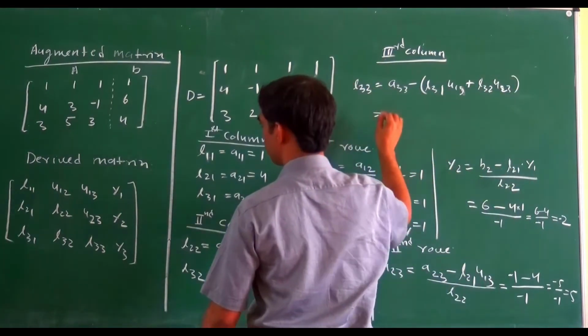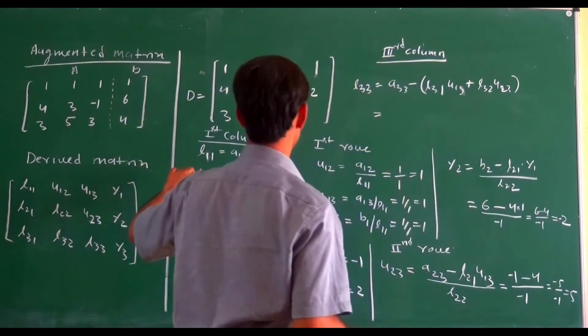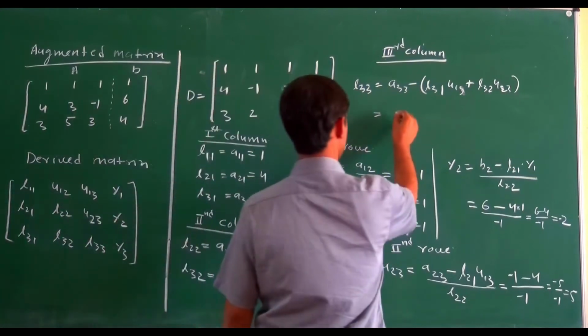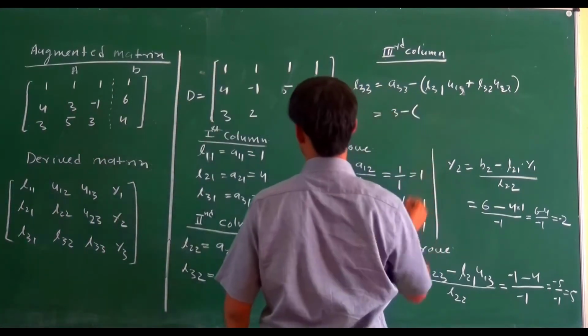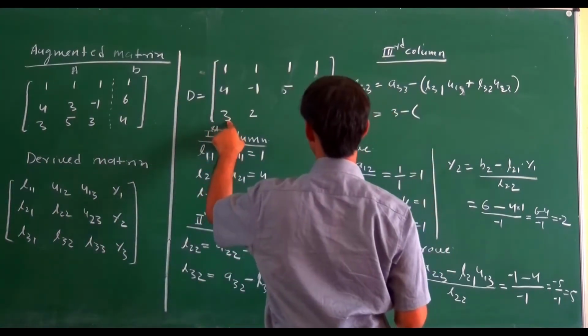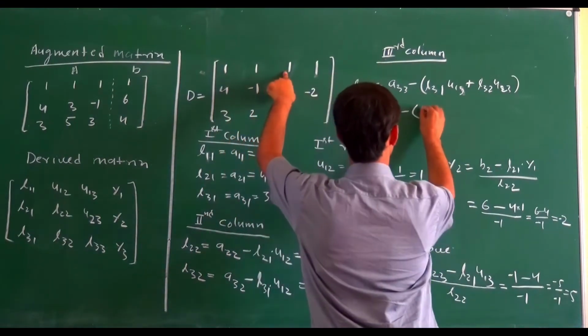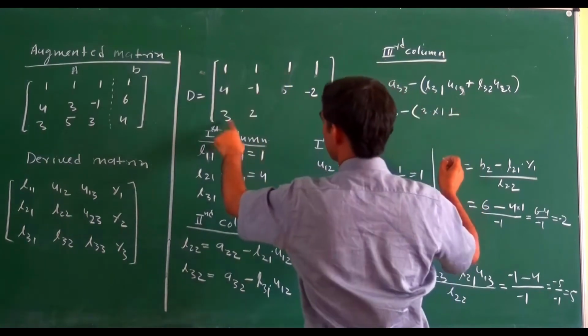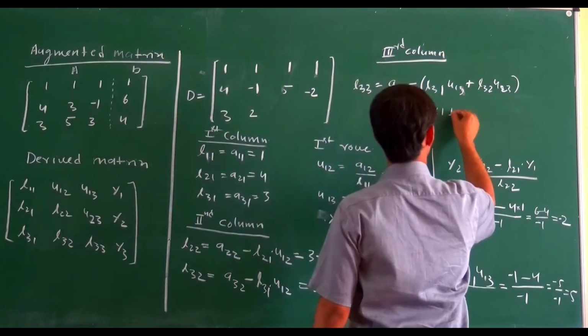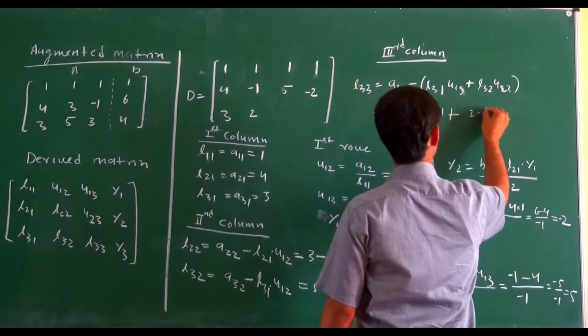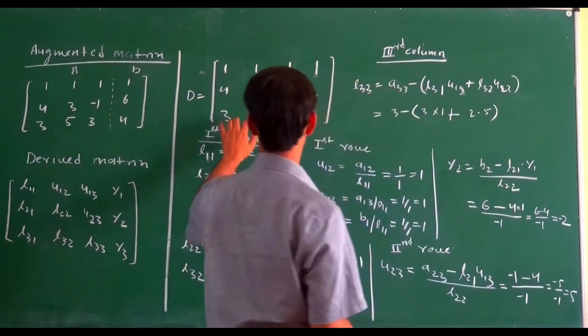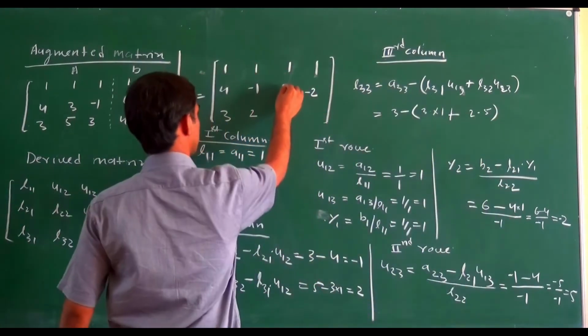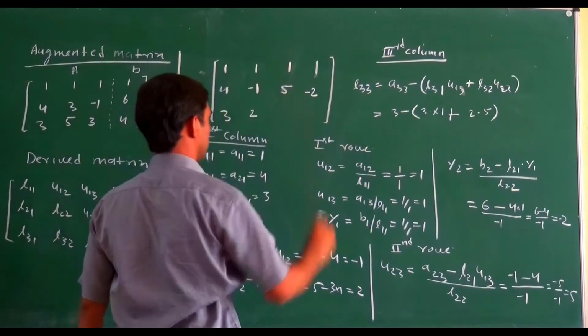If we find the value for this, A33 is 3 minus, inside, 3 into 1 plus 2 into 5. This one is 5.